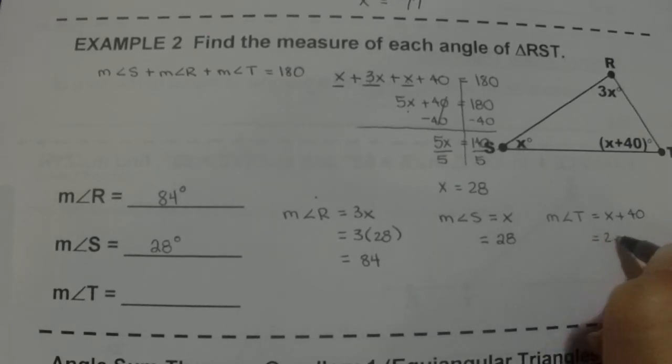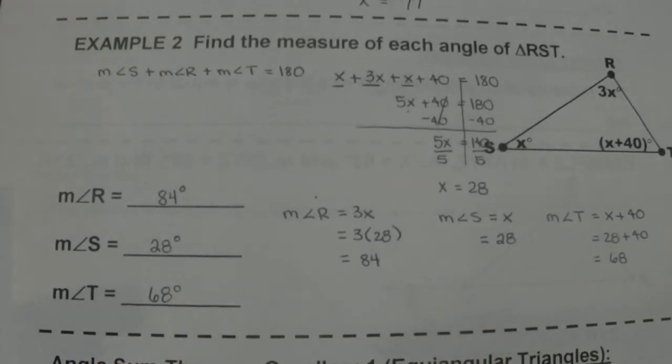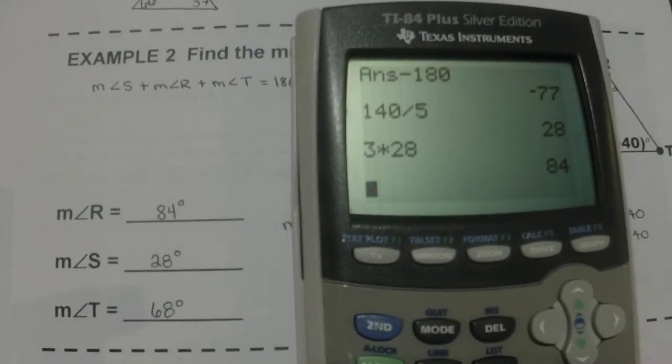So that would be 28 plus 40, which would be 68. So over here I would have 68 degrees. So now you could double check on your calculator. If you see, I've been doing some of the math on there. 84 plus 28 plus 68 should add up to 180 degrees. If it doesn't, you messed up somewhere, okay? But in this case, it does.